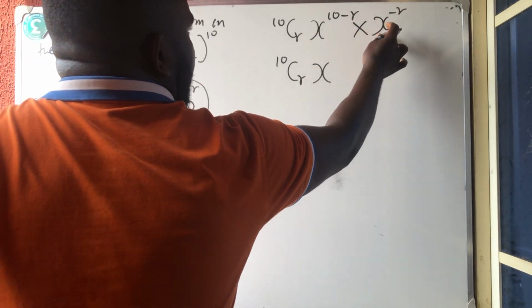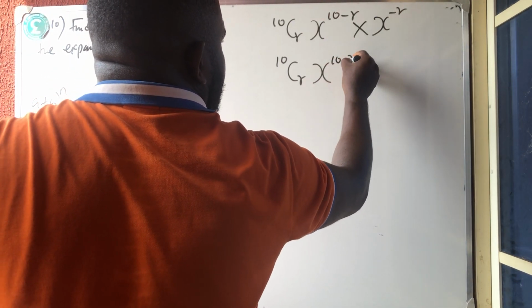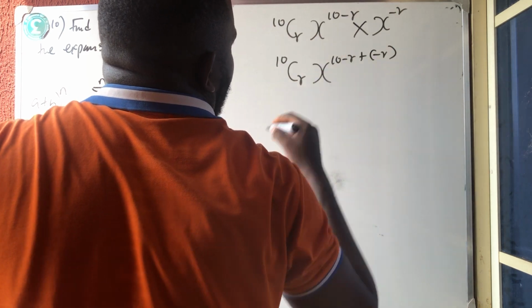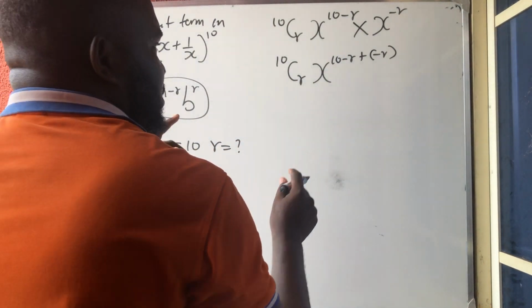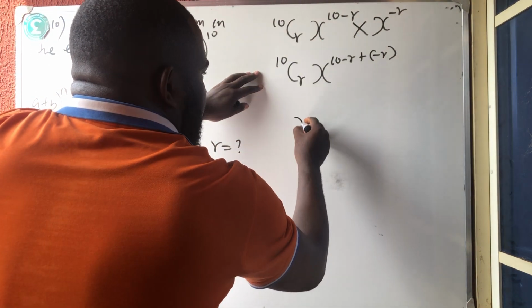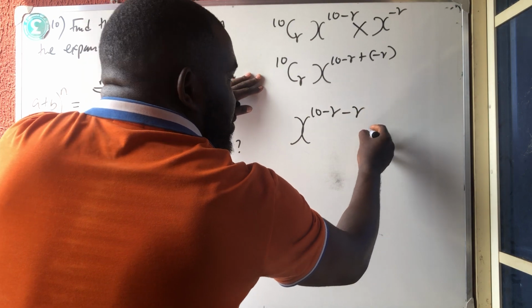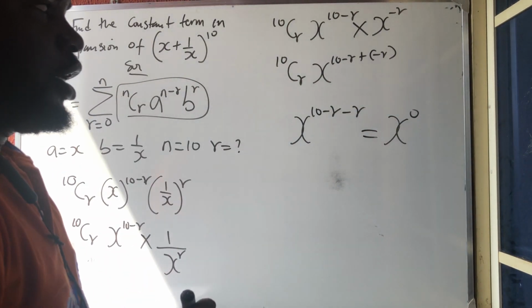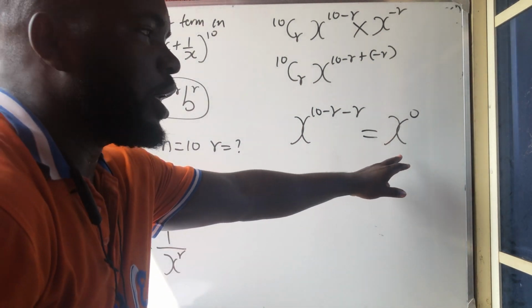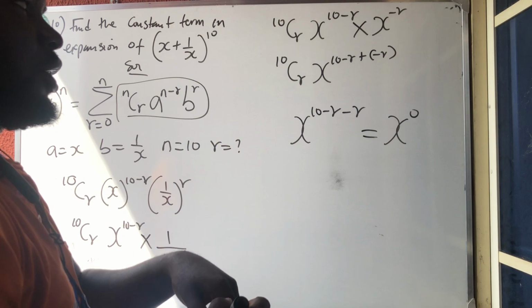Indices said if the bases are the same, add the power. So I'm having 10 minus r plus minus r. Now if they're asking you the constant term, pick the x, which is x raised to power 10 minus 2r, equal to x raised to power 0, because that is the constant term. If they say the constant term, or the term that does not contain x, you still use x raised to power 0.